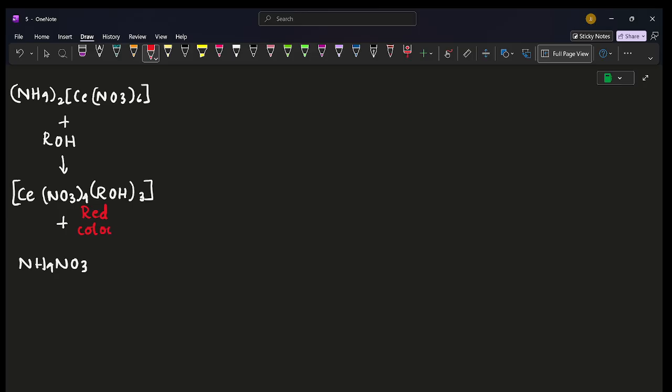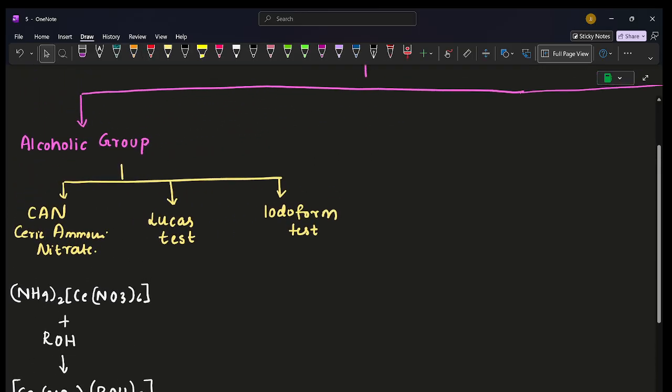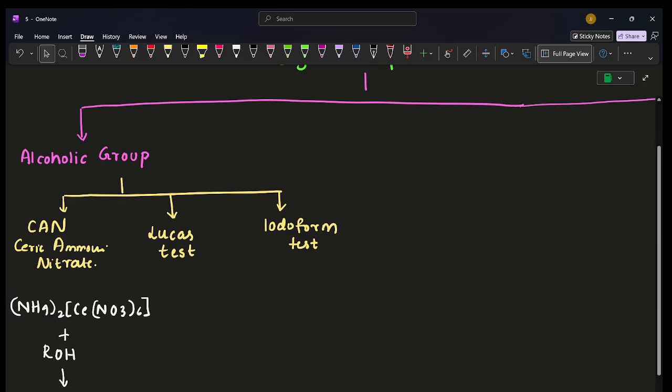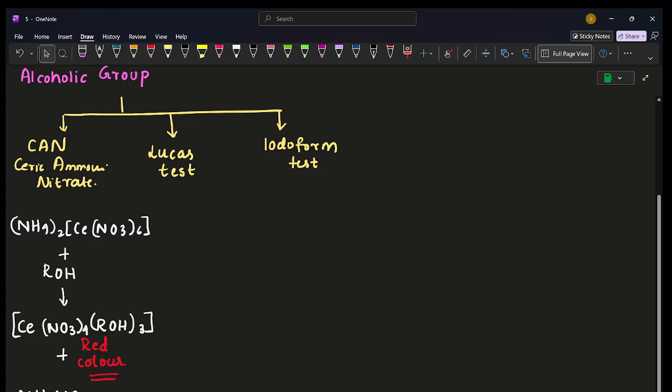So that is how the test is done. Red color. Okay, this is the ceric ammonium nitrate test. Let's talk about Lucas test. For Lucas test, important to remember is the Lucas reagent. I'm sure all of you remember the Lucas reagent, which is ZnCl2 plus concentrated HCl.